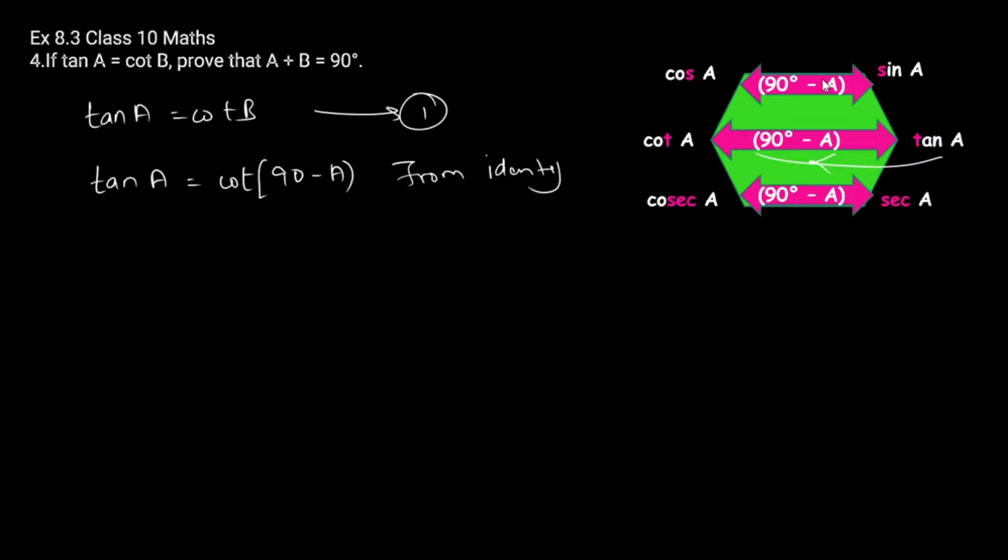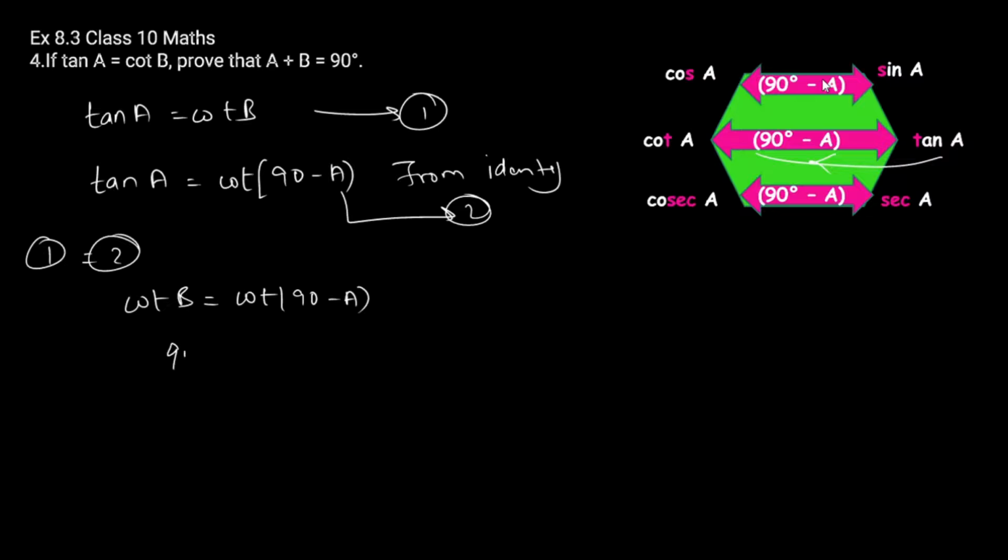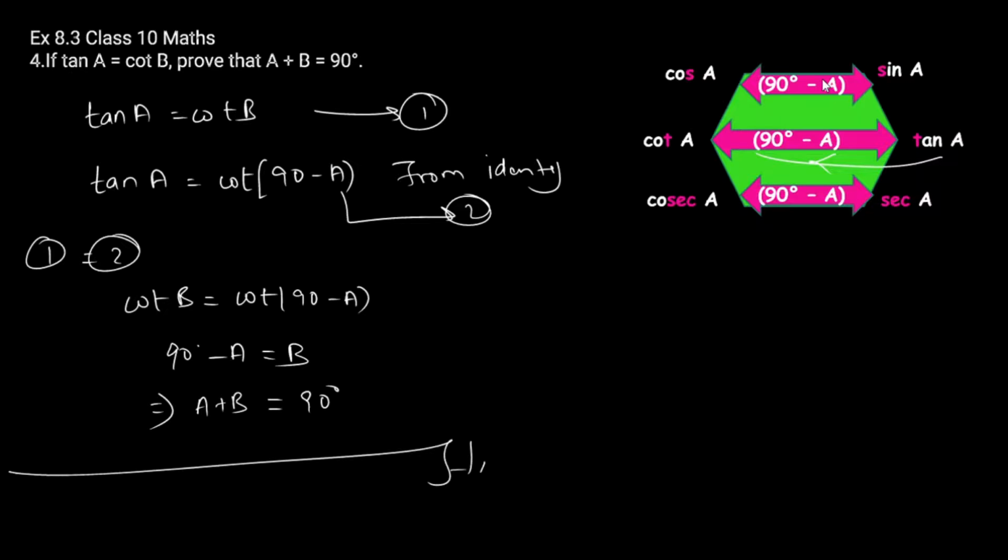Cot 90 minus a is tan a. Mark it as equation number 2. Now we equate 1 and 2. Cot b is equal to cot of 90 minus a. Therefore 90 minus a is equal to b. Therefore a plus b is equal to 90 degrees. Hence proved.